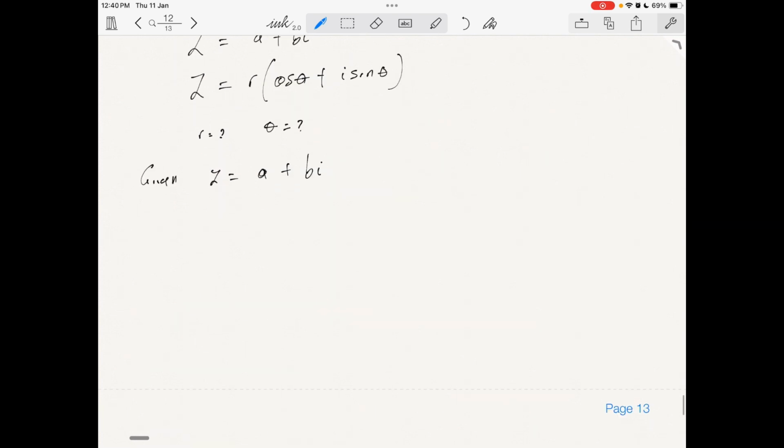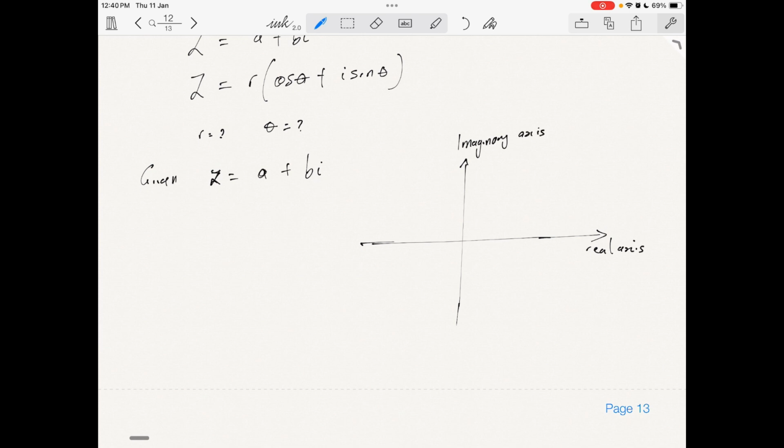Now the first thing we will do is to draw an Argand diagram for this illustration. Remember, we did the Argand diagram in the first video, so you might have to go back there for more understanding of it. To recap, the positive x-axis stands for the real axis, and the vertical axis stands for the imaginary axis.